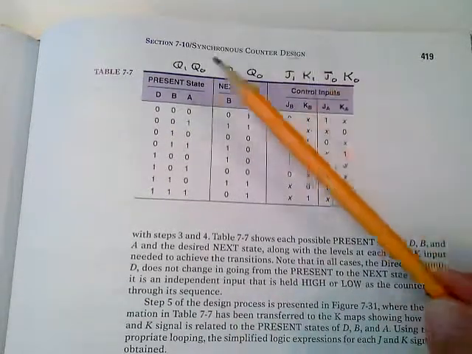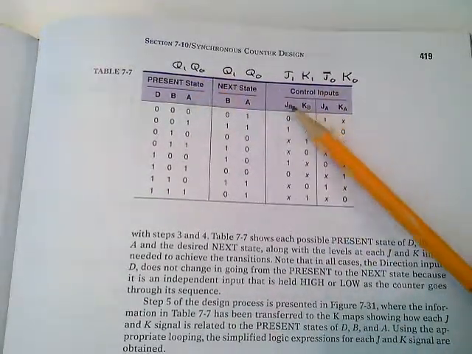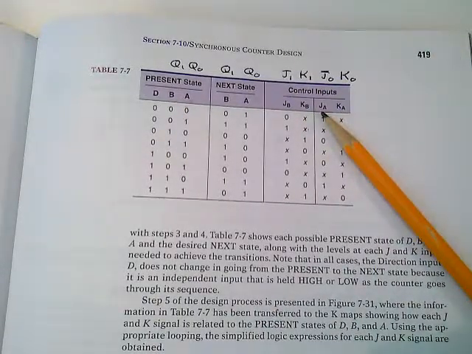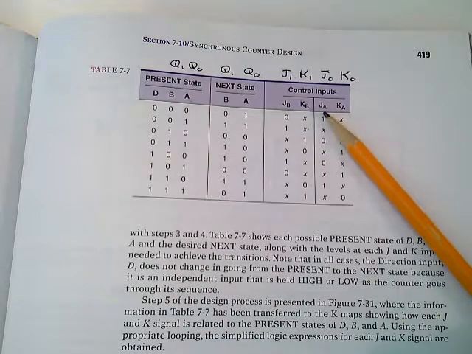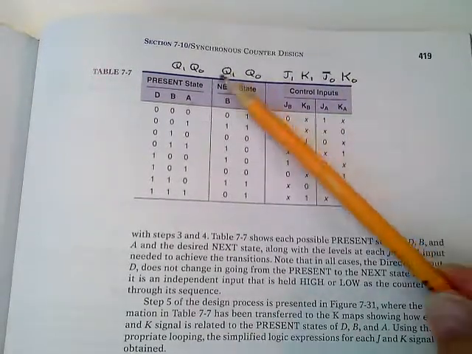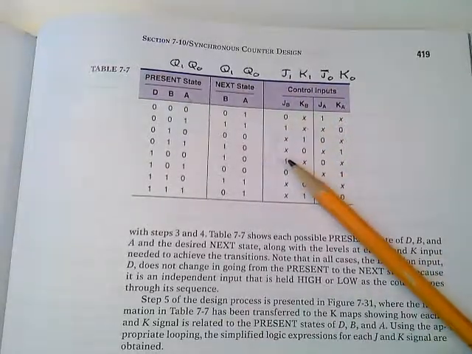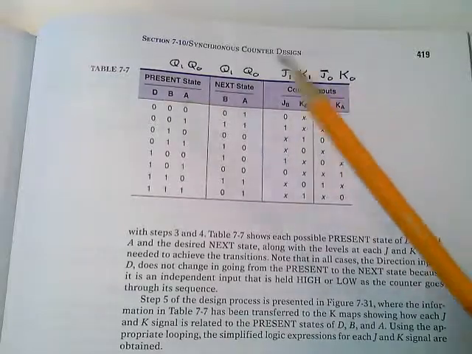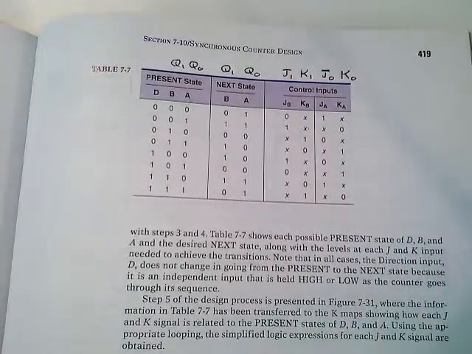Notice that I wrote instead of JB KB, it's J1 K1, and instead of JA KA as the inputs for the least significant bit flip-flop, I use J0 K0. The book uses A and B flip-flops, and I use flip-flop 0 and flip-flop 1.